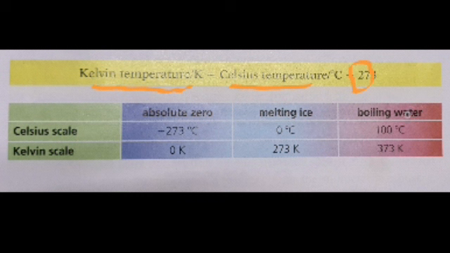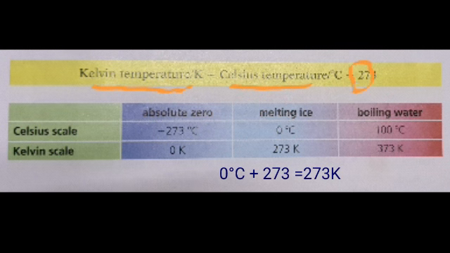So boiling water, the temperature of the boiling water is 100 degree Celsius, right? So to get the Kelvin scale, you just add with 273, therefore you get 373 Kelvin. Sama juga macam melting ice. Melting ice, dia punya temperature is 0 degree Celsius, right?